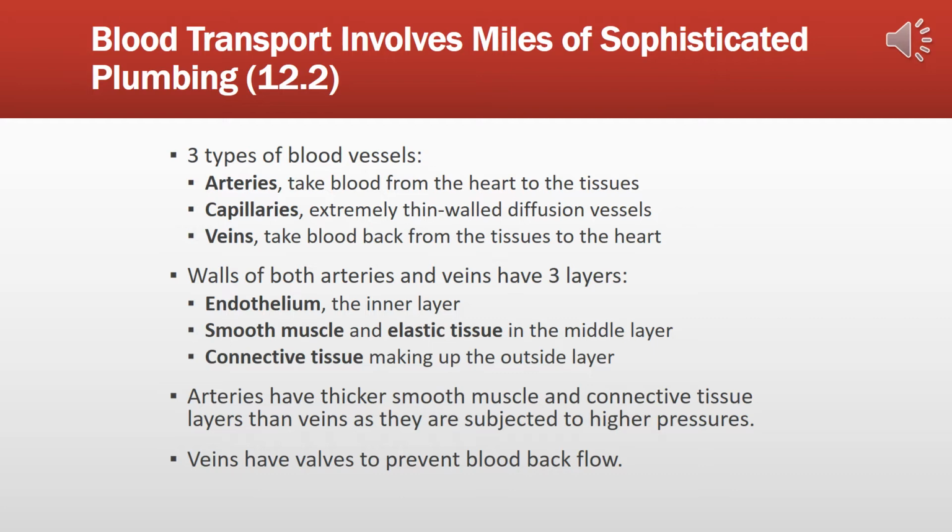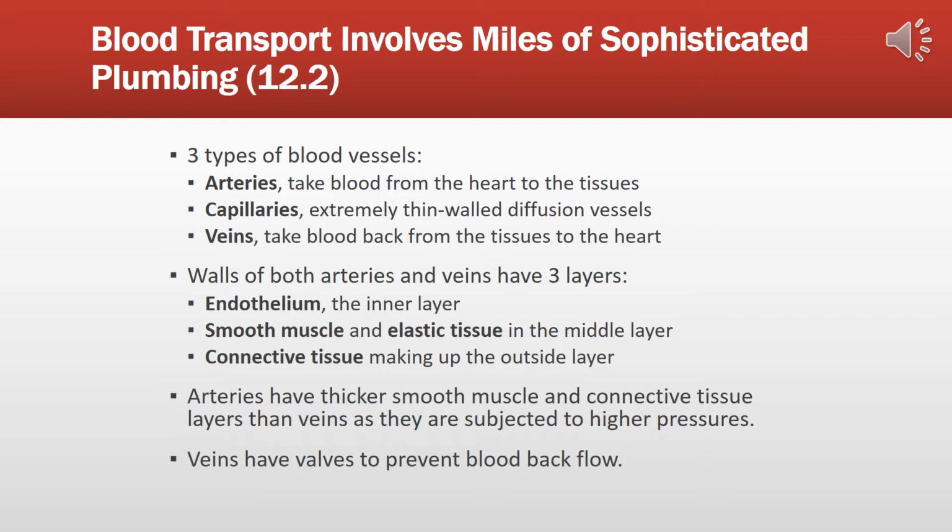Arteries have thicker smooth muscle and connective tissue layers than veins, as they experience higher pressures, taking blood away from the heart. They're more subject to the pressures created by the ventricles' contraction.